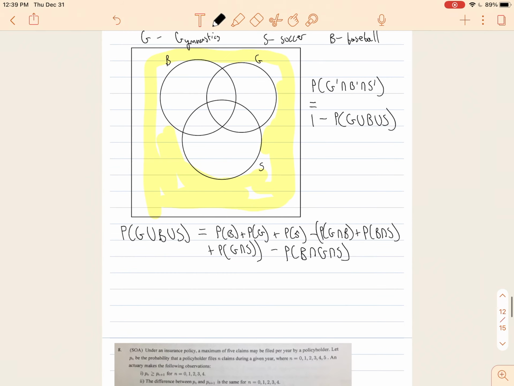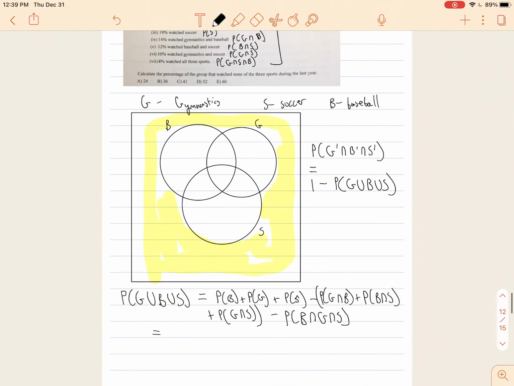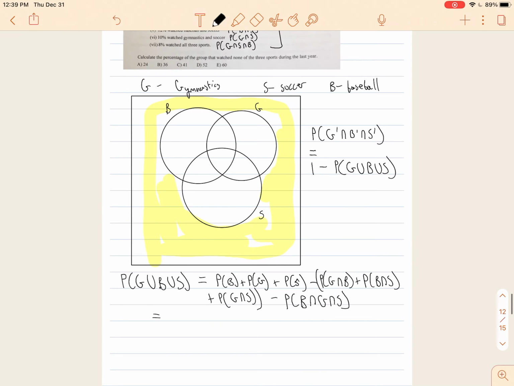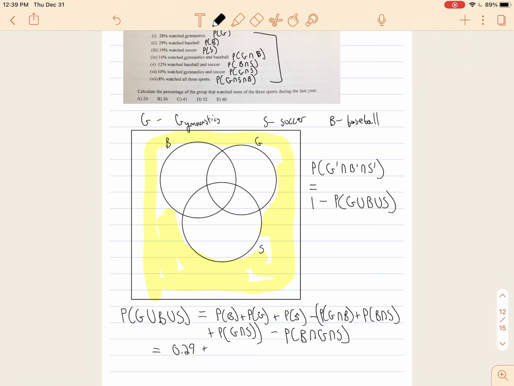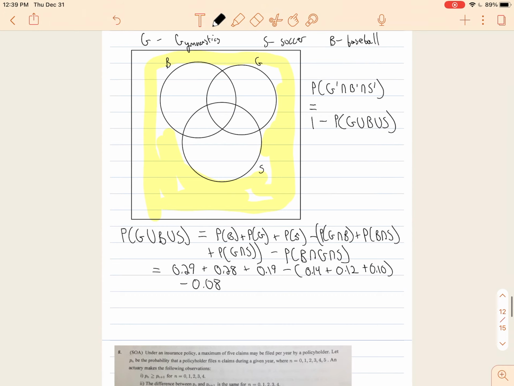Okay? So we can just plug those data points in. Probability B is 29%, plus probability G is 0.28. I really put these out of order. It's kind of confusing. Soccer is 0.19 minus, let's see, gymnastics and baseball, that's 0.14, plus 0.12, plus 0.10, and then finally plus 0.08 for the very middle intersection.